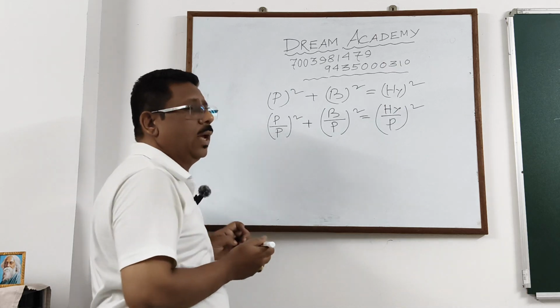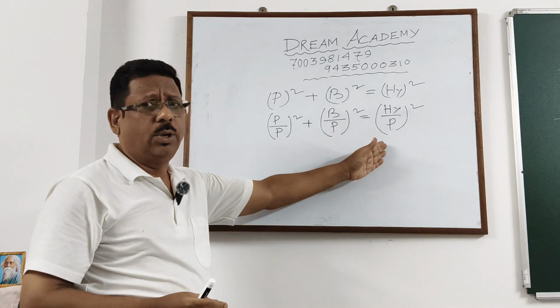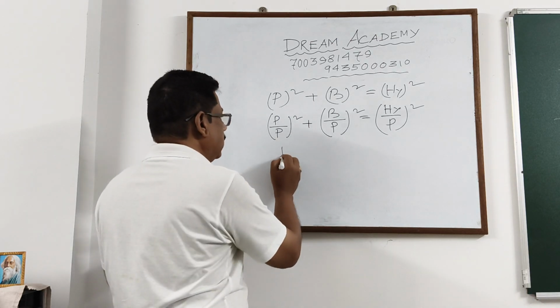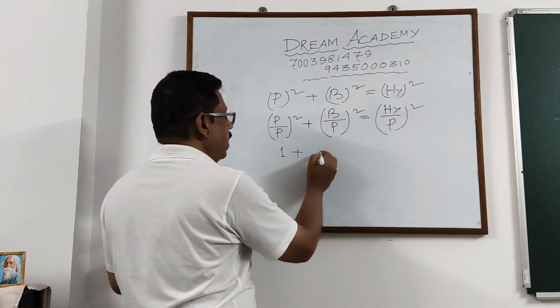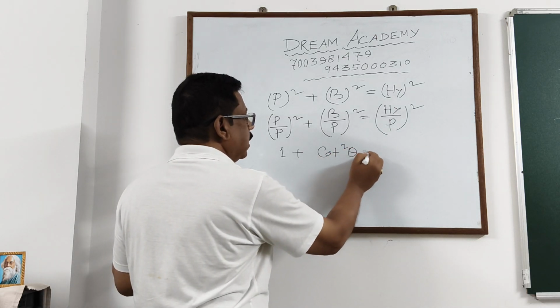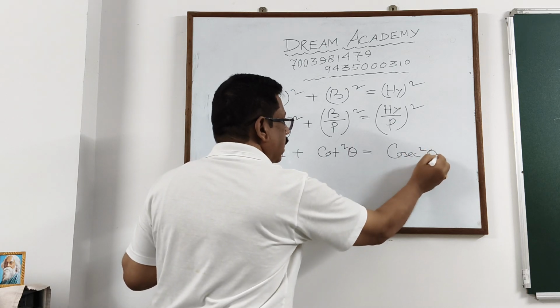We are just dividing by perpendicular on each side of the equation. What are we doing? Perpendicular by perpendicular is 1. Base by perpendicular is cot theta, that is cot square theta, equals hypotenuse by perpendicular, cosec square theta.